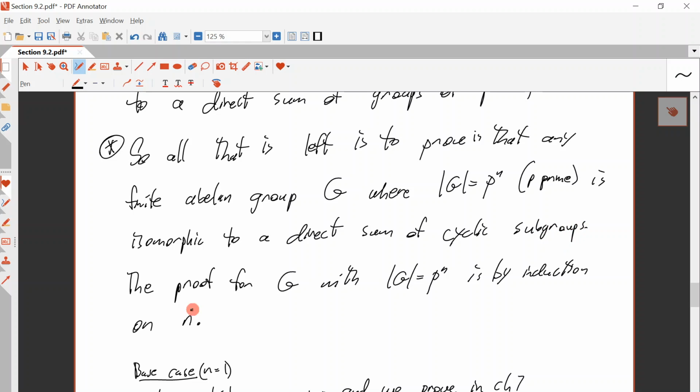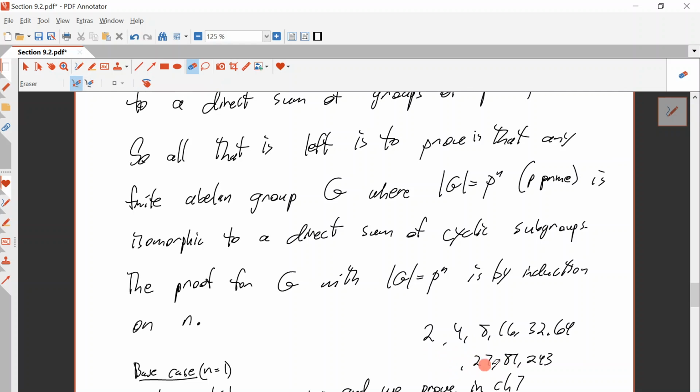The proof for G with order p to the n is by induction on n. So prime power order, like 2, 4, 8, 16, 32, 64, powers of 2, or 3, 9, 27, 81, 243, powers of 3. So groups of those orders. And that's all that was left after last time. You can check out part 1 for that.